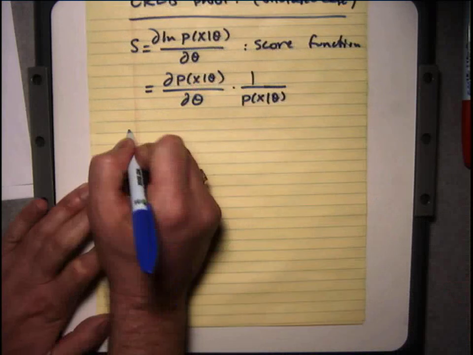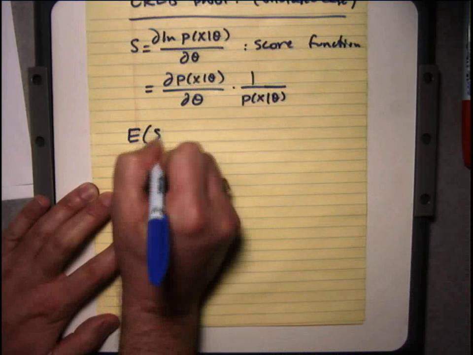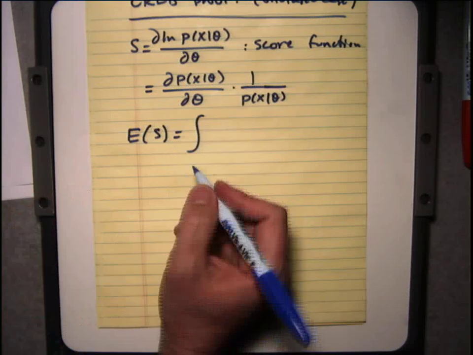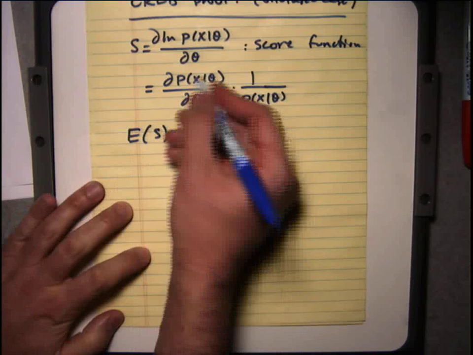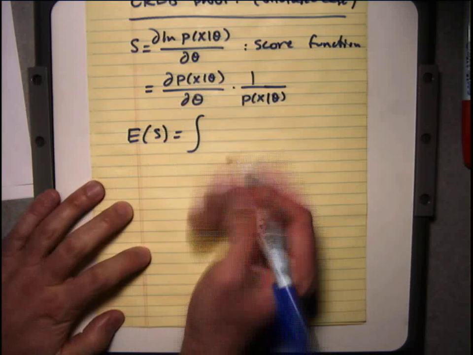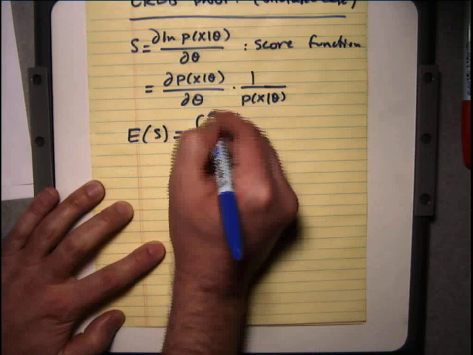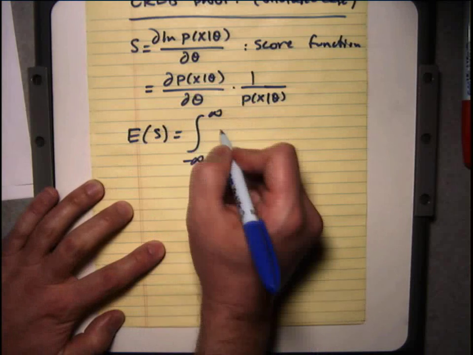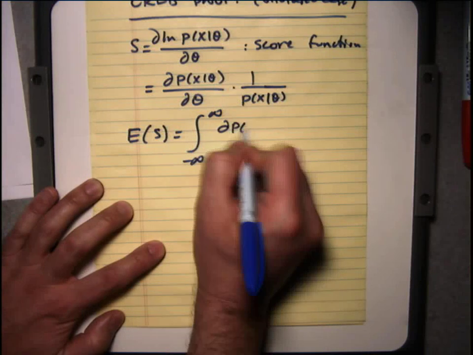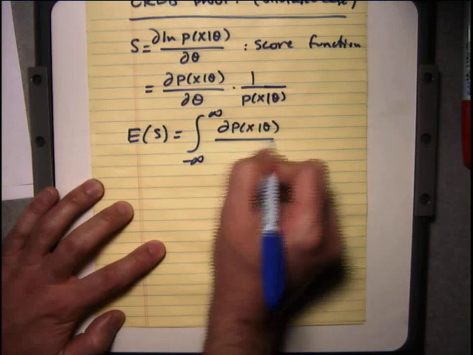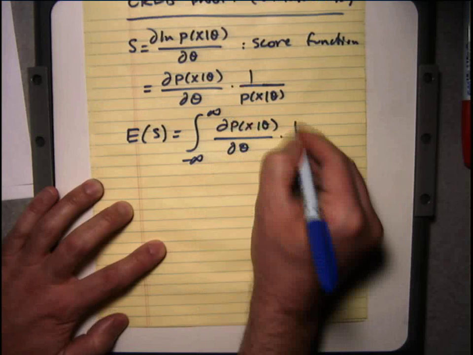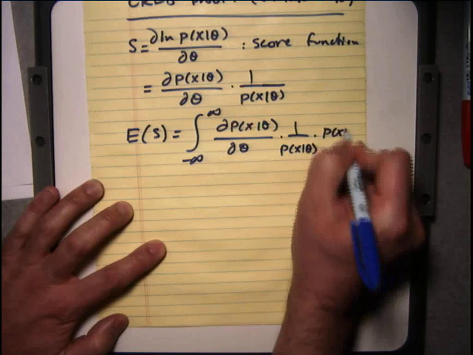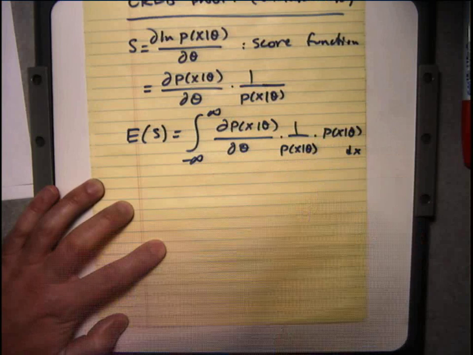Let's take the expected value of S. I'm going to consider the simple case where x is going from minus infinity to infinity. So it's the score function, dp of x given theta d theta times 1 over p of x given theta, times p of x given theta dx.